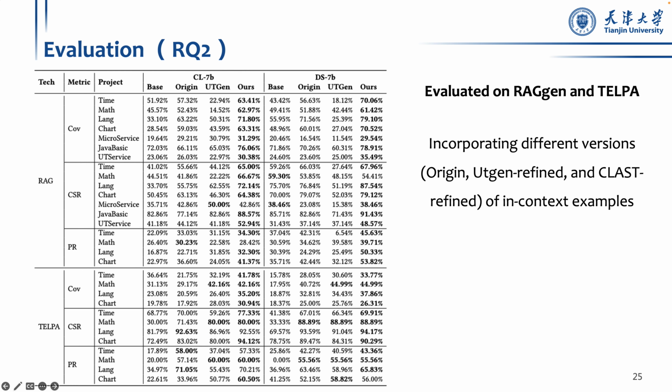For Q2, we examined whether CLAST refined tests can further enhance ICL-based unit test generation. We now incorporated 3 types of in-context examples, including original, UTGen refined, and CLAST refined, into RecGen and TELPA.